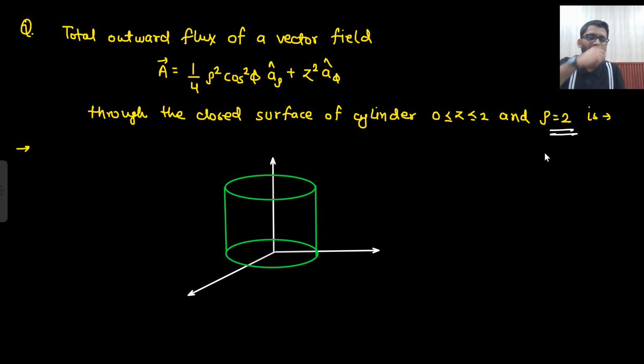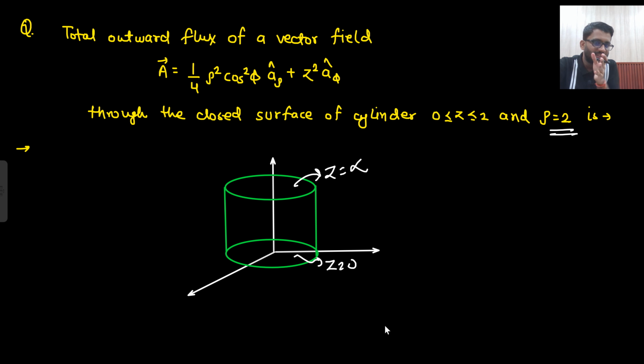This is the cylinder. It feels like since rho equals 2 is given, that will be the curved surface. Curved surface is rho equals 2. This is z equals to some alpha and this is z equals 0. These are the equations of these surfaces.